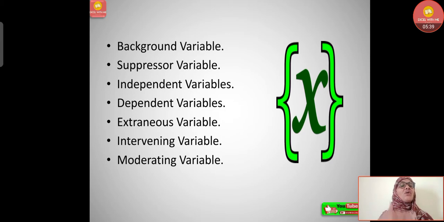So these are all the kinds of variables. In the next class we will understand about qualitative and quantitative. You just understand what the types are here, then you will move forward understanding each variable in detail in the next class.